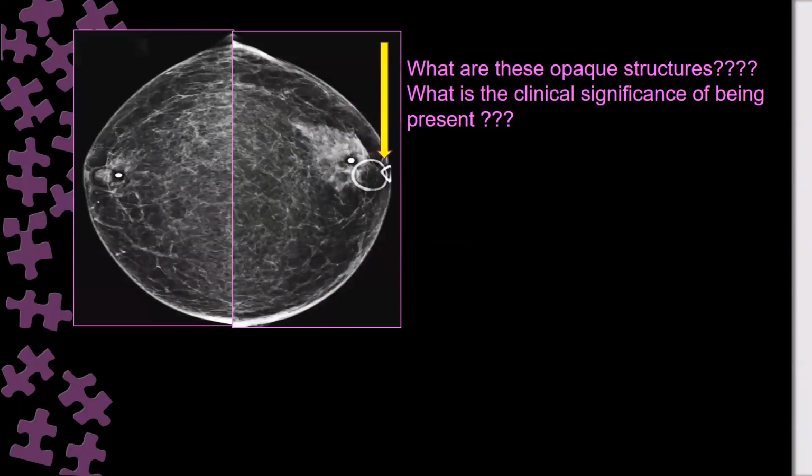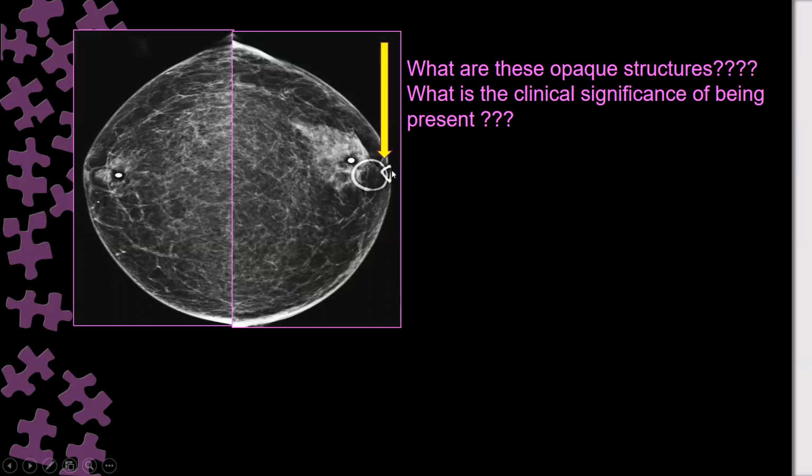Can you tell me what are these opaque structures in this mammography image? Any suggestion? Nipple marker. Okay, these are nipple markers.